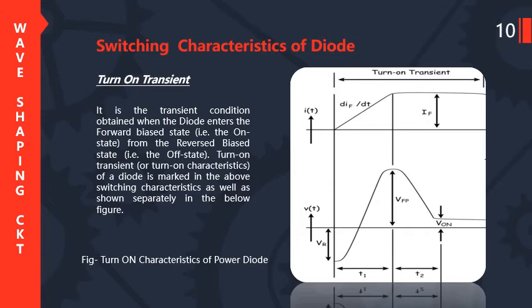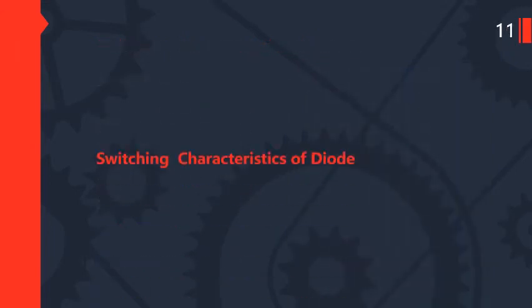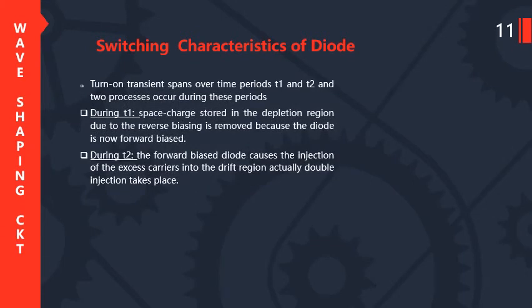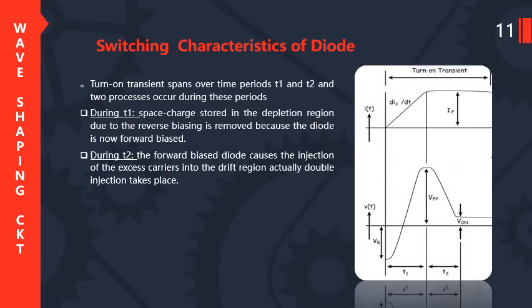The diagram is the turn on characteristics of the power diode. Let's understand how it is formed. The turn on transient spans over time period t1 and t2, and two processes occur during these periods.